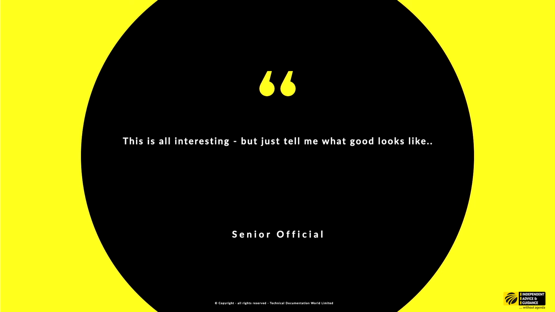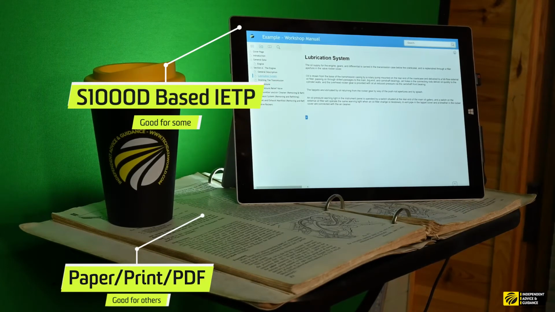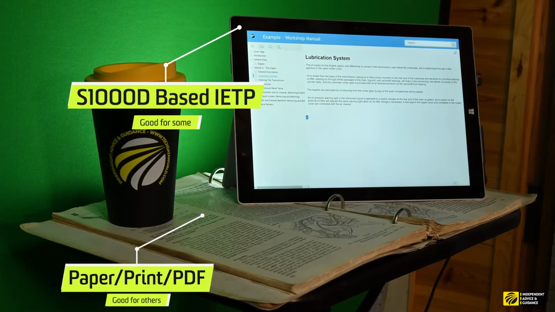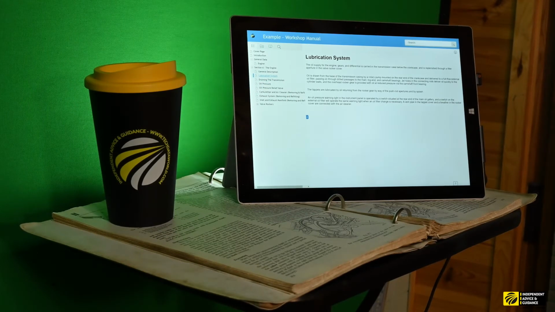Now, of course, good looks like very different things to different people, depending on where you are in the supply chain. Any examples I'm using in here are just things that I have imagineered based on real life projects without actually naming anybody.